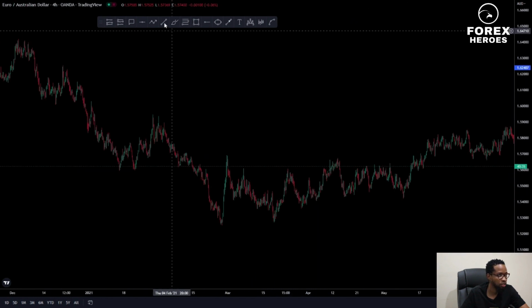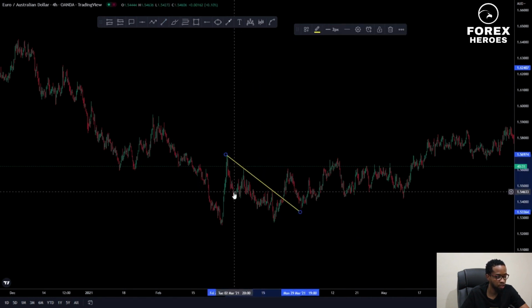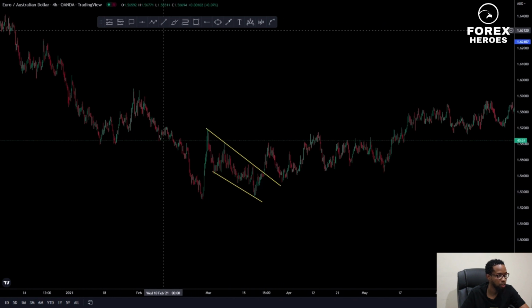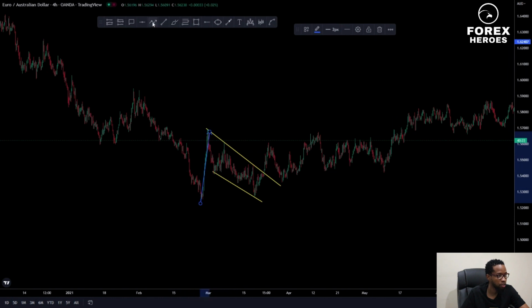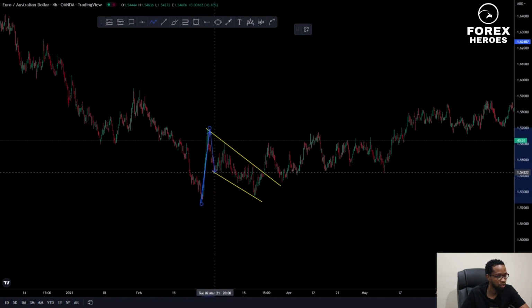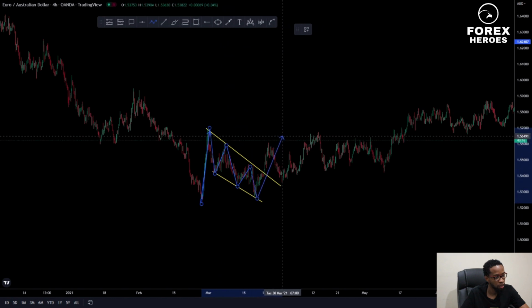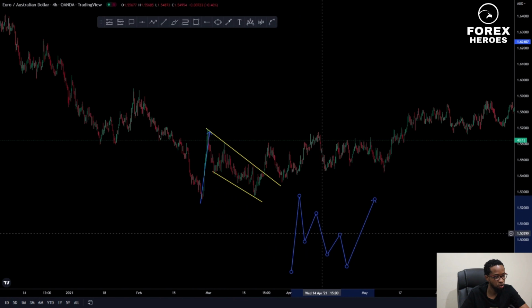This one is a continuation. As you can see, the market was pushing up, impulse, correction, impulse. Here it is, impulse, then you're having this correction, impulse. So you can see this is how it happened.